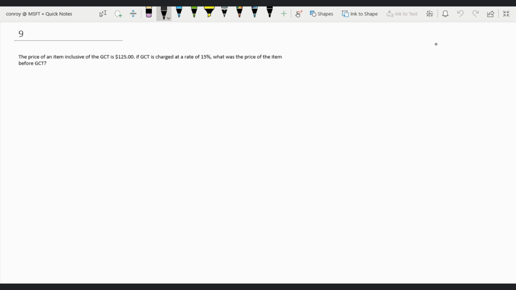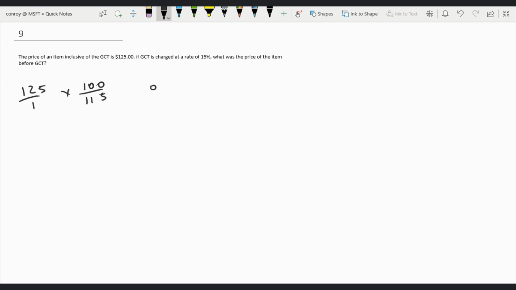All right, so we know the price of the item, 125, over 1. All right, so this 125 would still be out of 100%, but then now we realize that it is added to our 15%, so we can say 115, right?